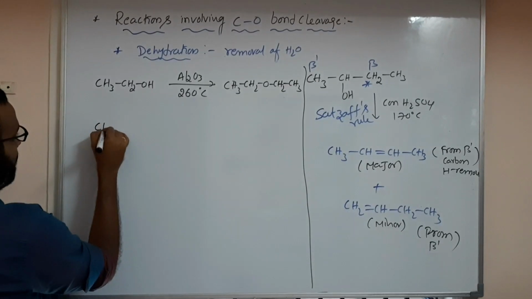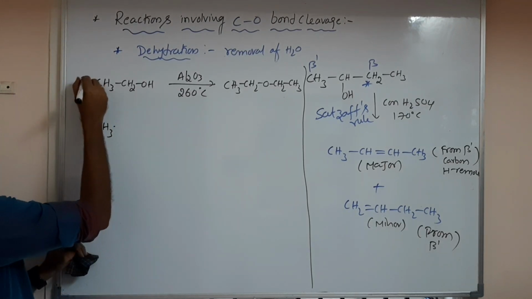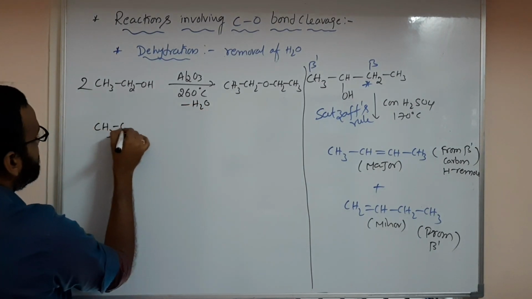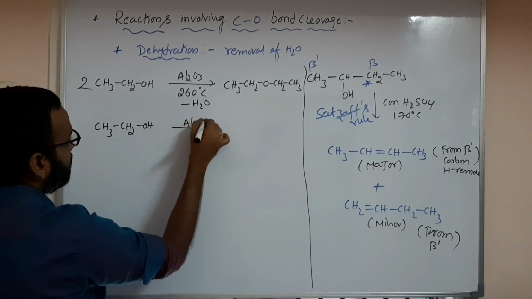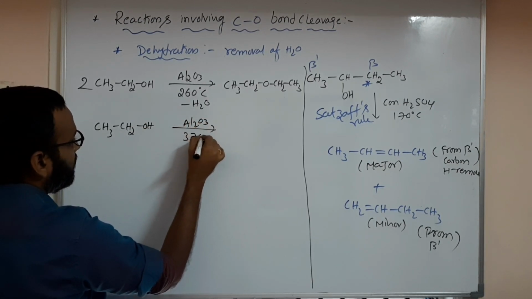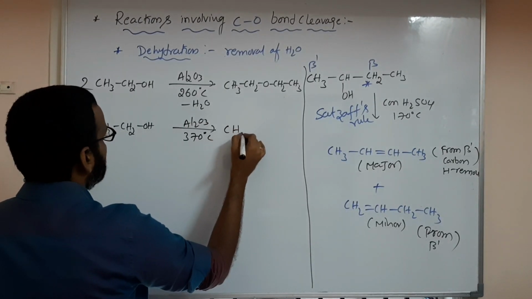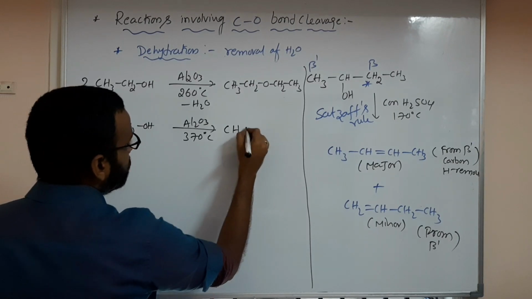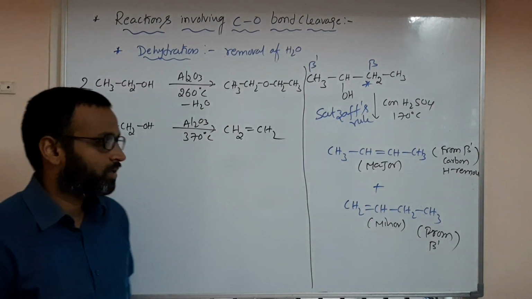If I am using the same, so 2 moles you have to take, sir, here. Please remember that one. Plus water, of course, sir. Removal of water takes place. CH3CH2OH, when you are using the same alumina, Al2O3, around 370 degrees Celsius. No problem. Then you will get alkene as the product, no? CH2 double bond CH2 is the product. So this is one of the important things for us.